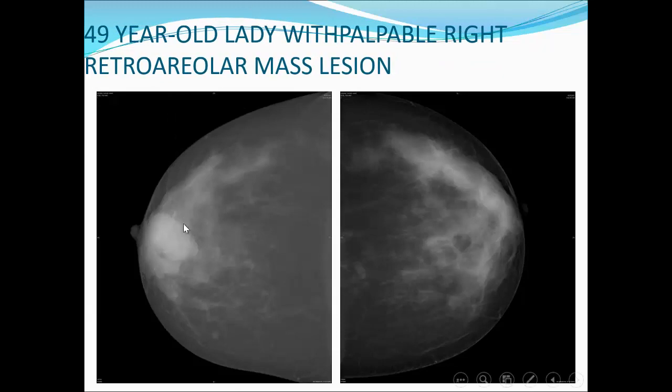This is a mass, right palpable retroareolar lesion. You must pick another finding which is more important. This is well circumscribed lesion, retroareolar, and here there is a speculated lesion with tenting that I said before.